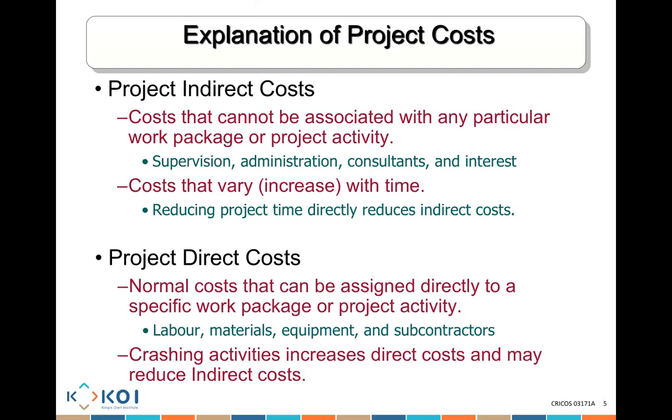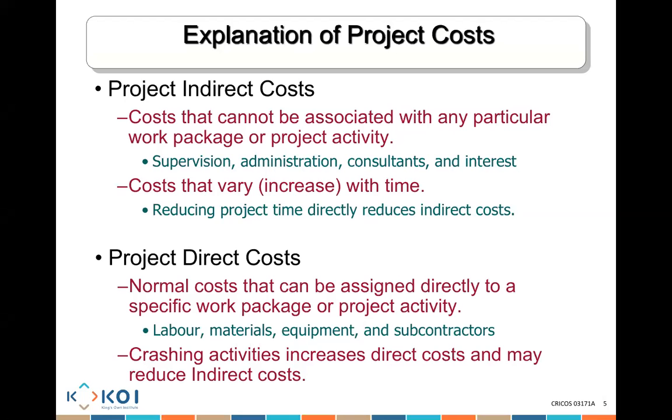Project direct costs are costs that are assigned directly to a specific work package or an activity. There's labor, there's material for an activity, there's equipment I need to use, there's a subcontractor who's doing one specific job for me. So if I crash an activity, it increases my direct cost because I'm trying to finish the task quicker.